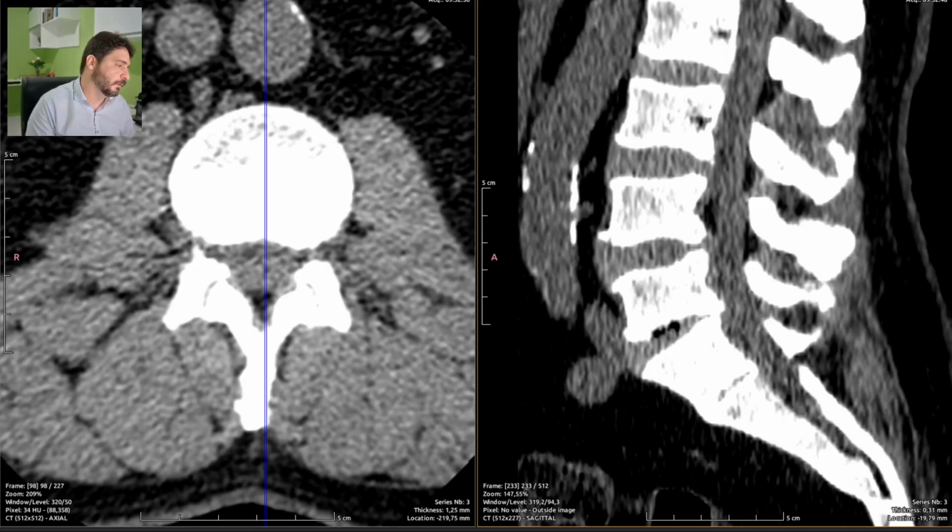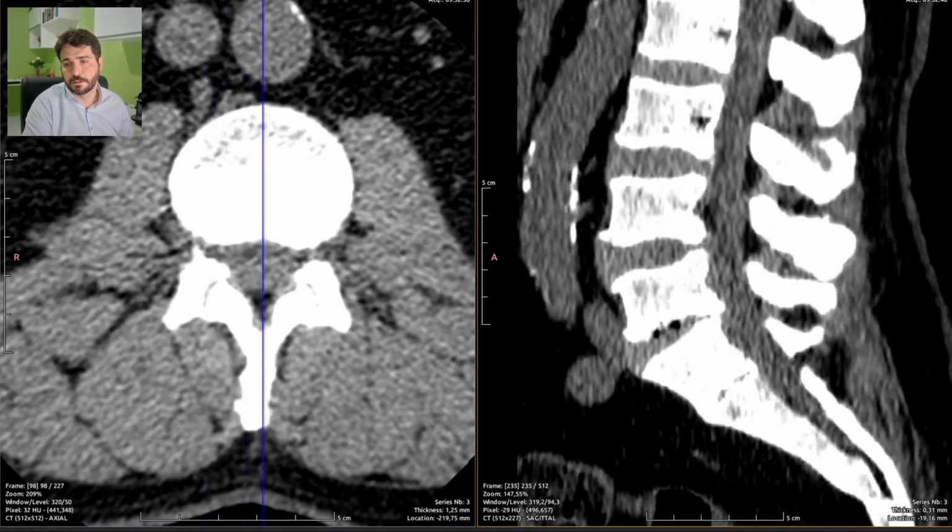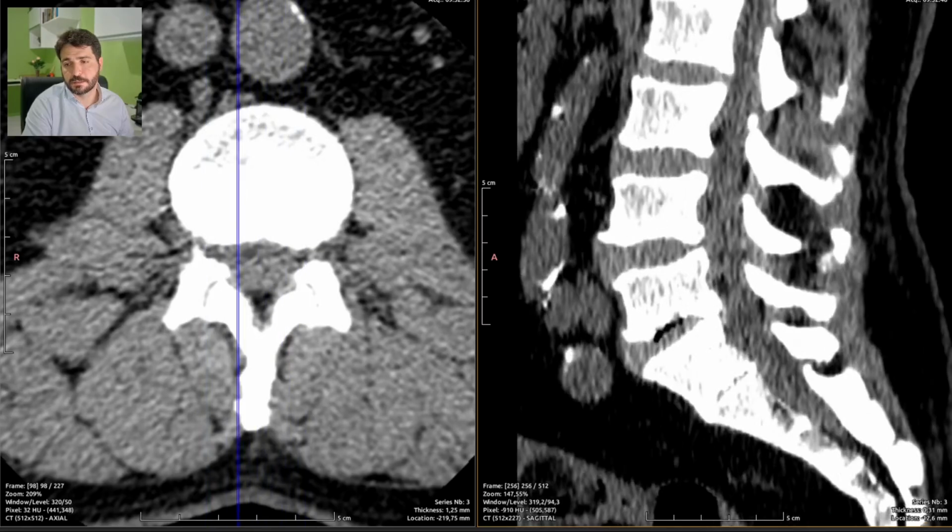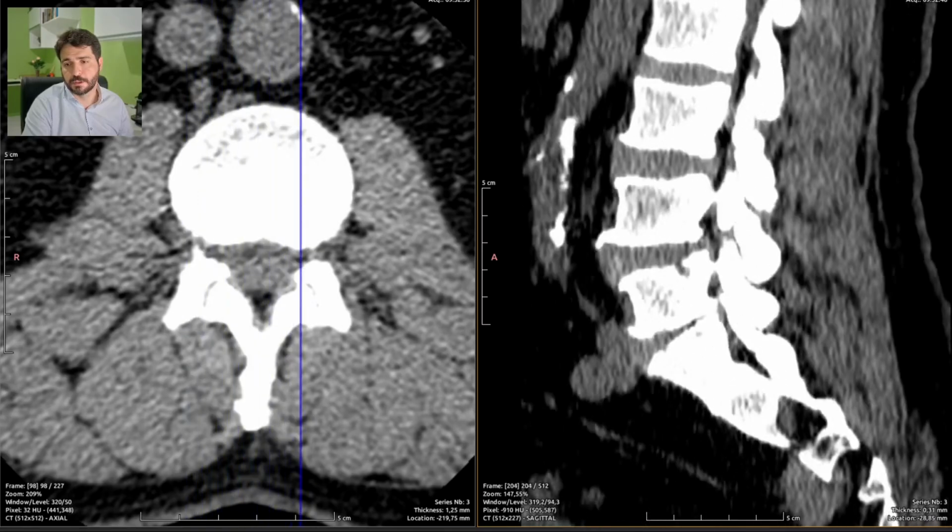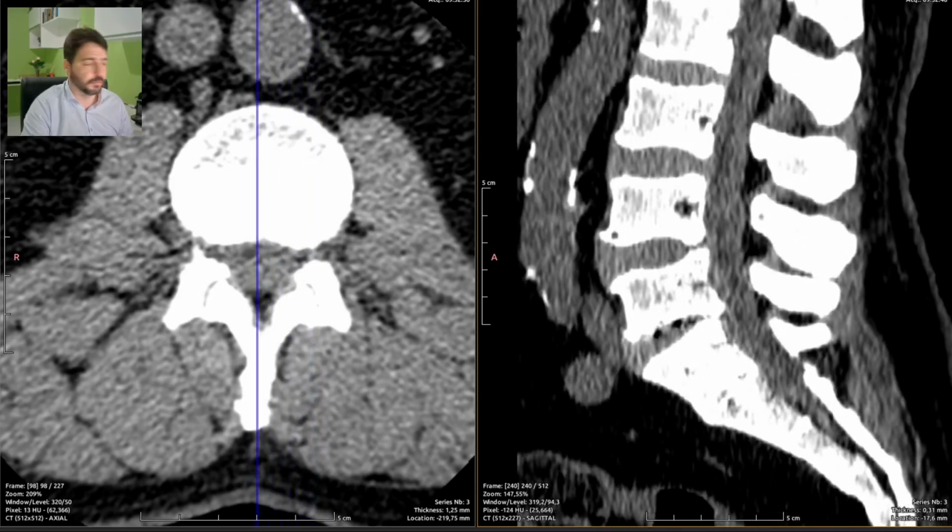And now for the next two segments, I'm going to make it the same description because this is the same disease, so one stage worse on the lower segment.